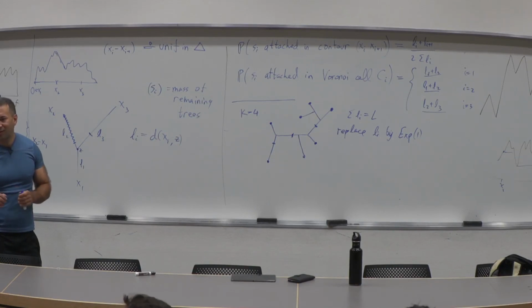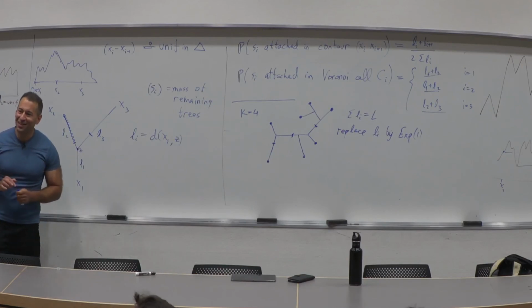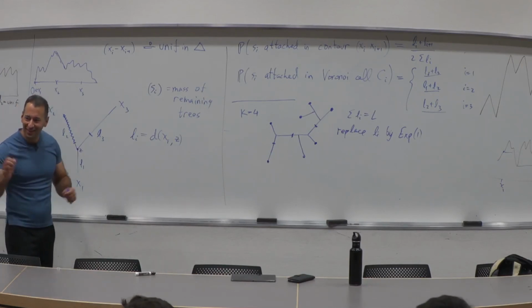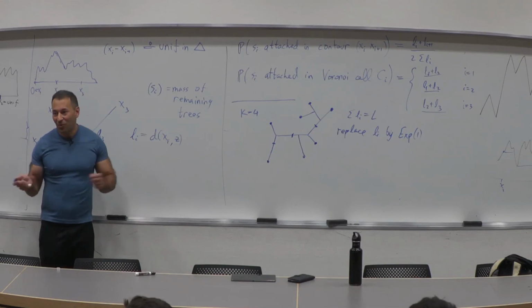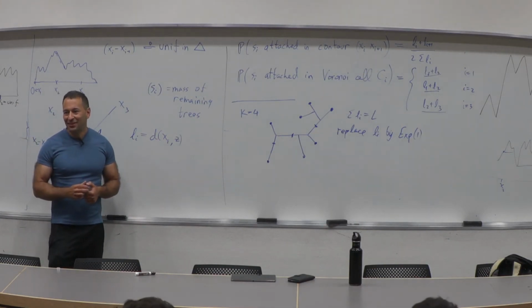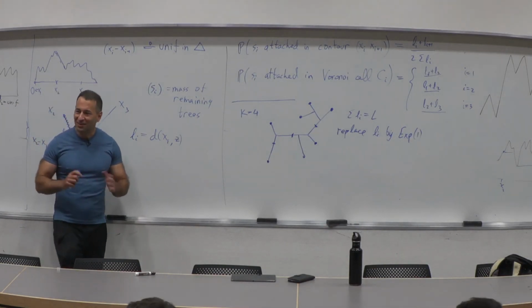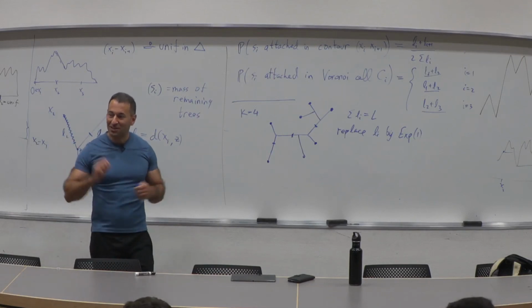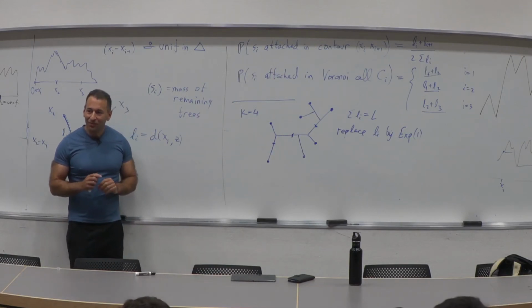No, it's not quite a CRT. It's a CRT with a certain bias. It's a CRT with 2 marked points, so you get a certain bias depending on the distance between them. So it's not exactly, but.